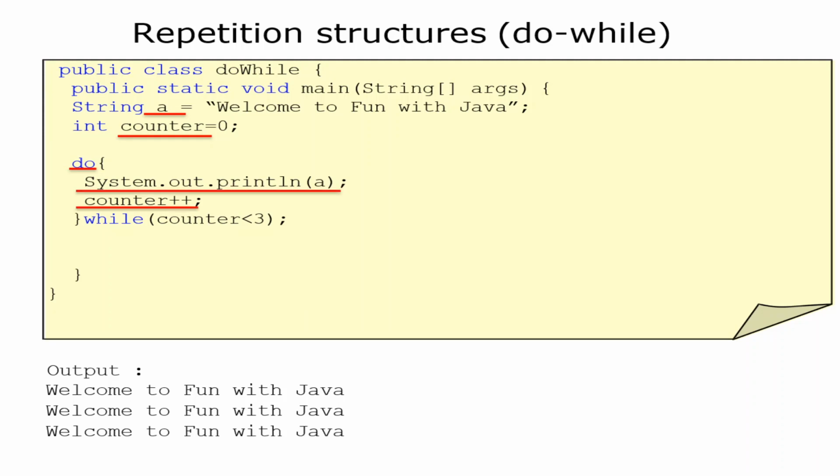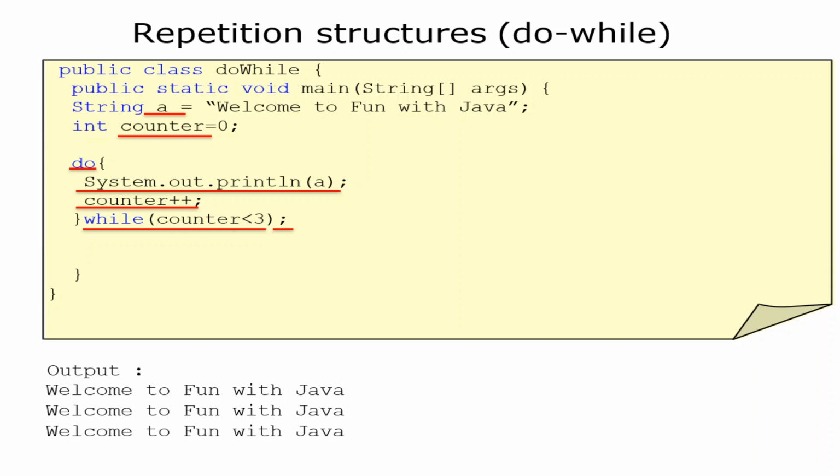In this case, it will be System.out.println(a), which is our string, and counter++. Then outside the curly braces is a loop continuation condition, that is while counter less than 3. Please take note that in do while loop, we have to type a semicolon after the condition, but in while loop, it's not needed.